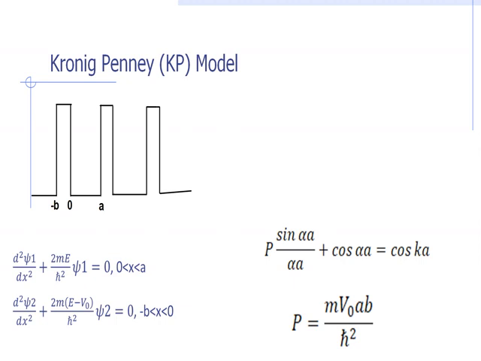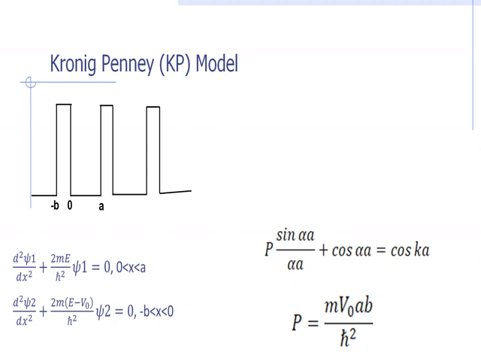After using the boundary conditions and all the rigorous calculations, it established the equation P sin(αa)/(αa) + cos(αa) = cos(ka), which is called the Kronig and Penney equation, which means that a solution exists only if this particular condition is satisfied.